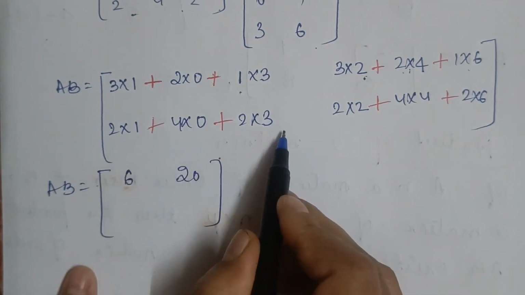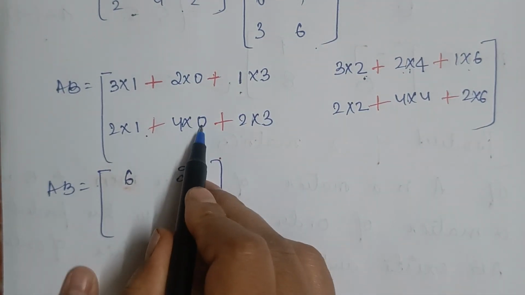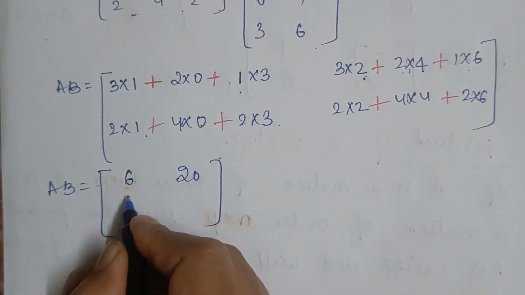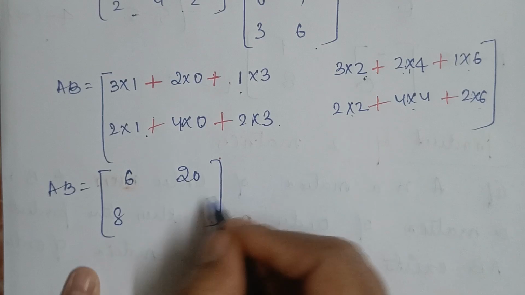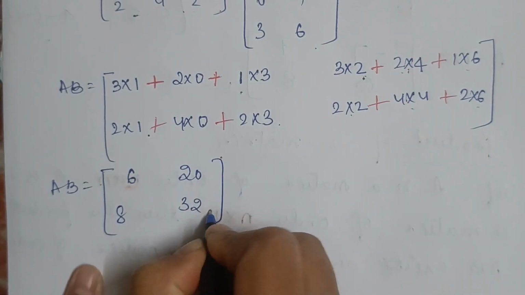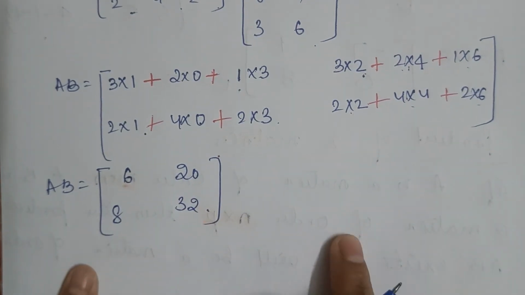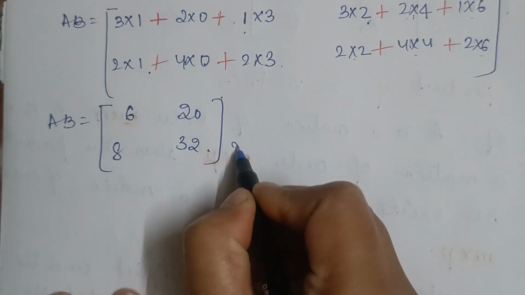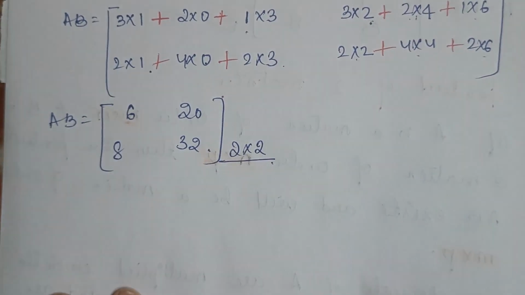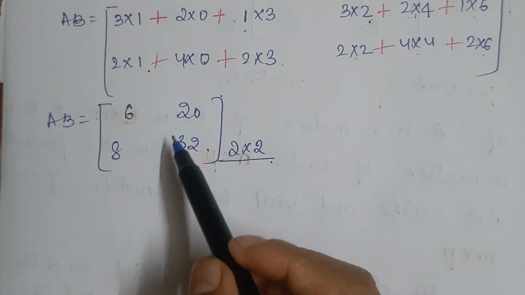And if you add up these, 2 ones are 2, 0, 2 and 6 is going to be 8, and this is 4 fours are 16, and 12, it is going to be 32. Okay, this is how we get the product of a matrix, and this is a 2 by 2 matrix. I hope you understood this.